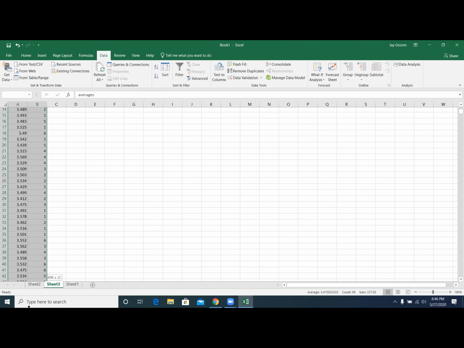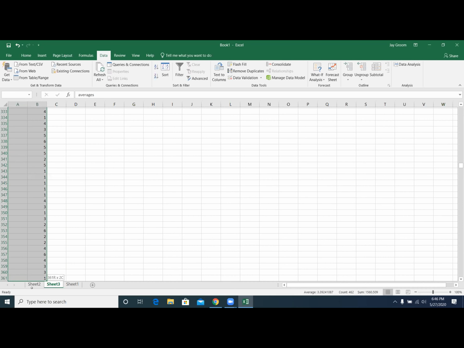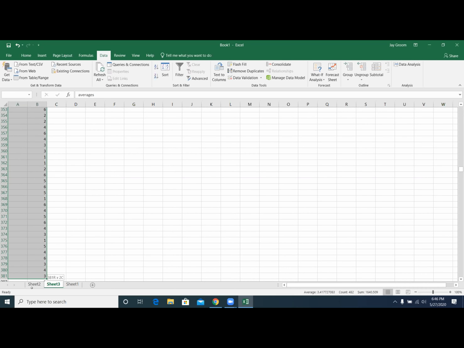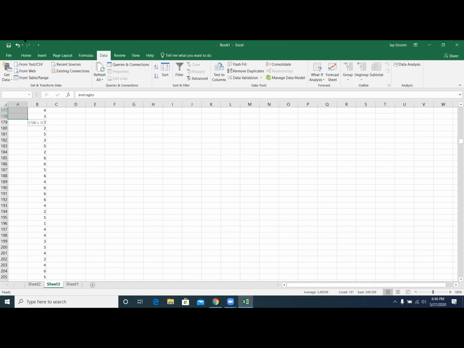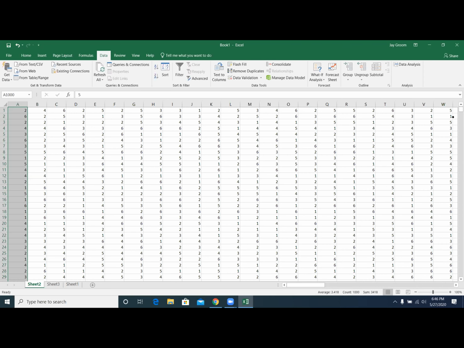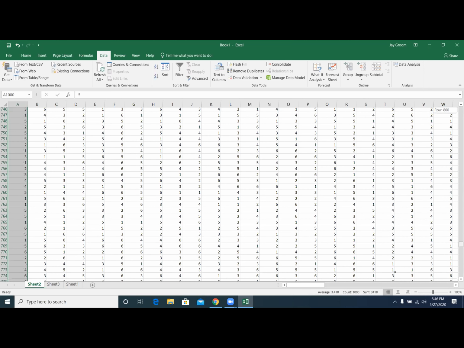I'm going to make a pivot table out of this. What just happened? Where did my averages go? I'm not even smart enough to do the averages correctly. Let's try that again.